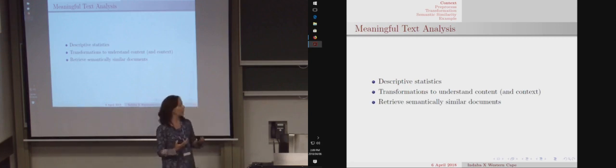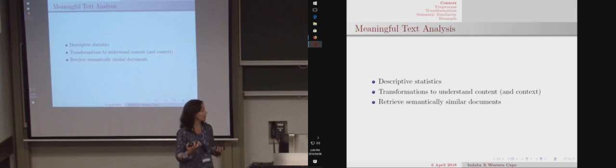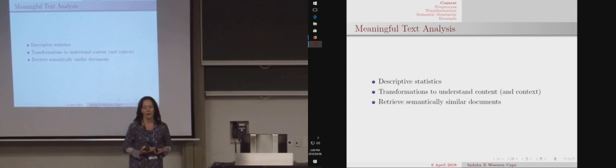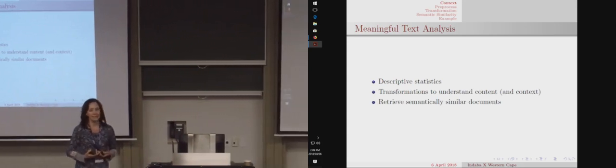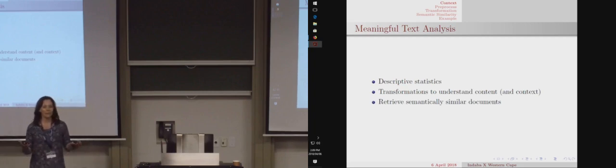Then we can transform our words to understand the content and context of our text. And that is also what I will show you. There's a saying that says content is king, but context is queen. So there's one way to know what's your content, but what if you have 1 million tweets?